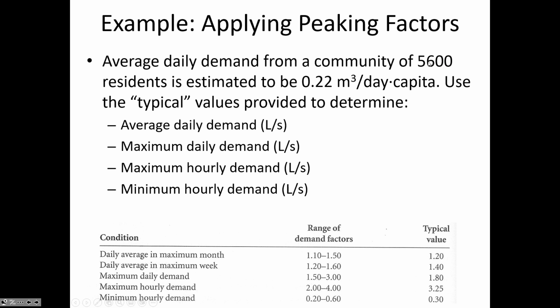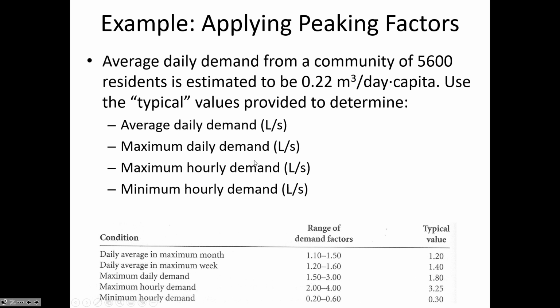And what we assume is that each one of them on average uses 0.22 cubic meters per day. So with the population and the per capita estimate, we need to figure out the average daily demand for the town, and then using the peaking factors, calculate the maximum daily and hourly demand, and then also the minimum hourly demand.